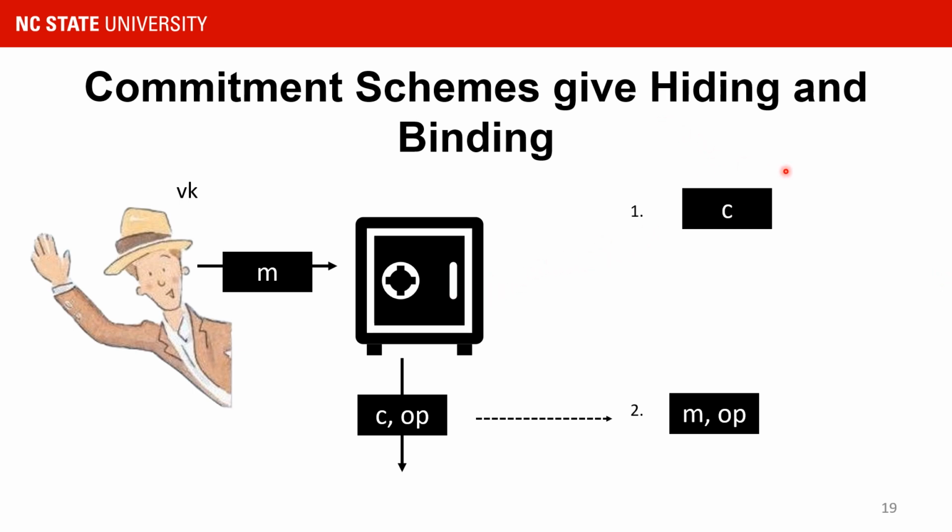So the commitment is hiding. However, later on, when this person wants to open the commitment, he sends out the message and any auxiliary opening information, and that proves that the underlying message really is the message that he had committed to. So that's this concept of binding.